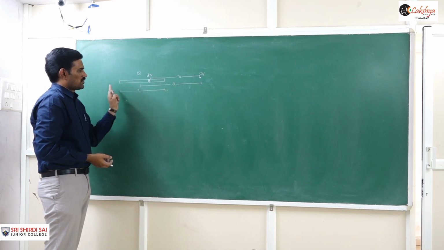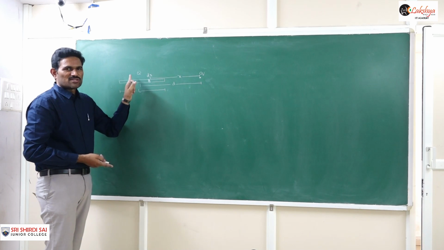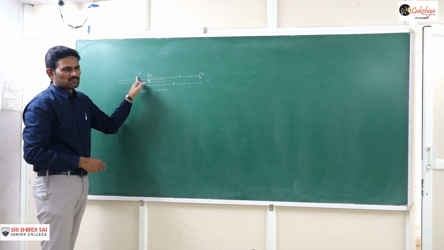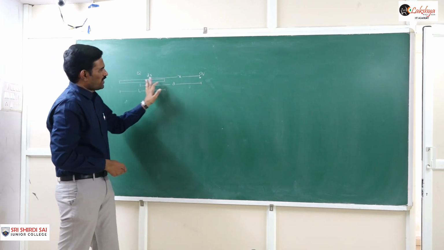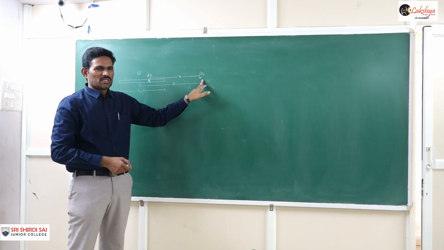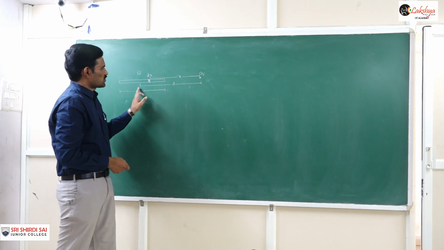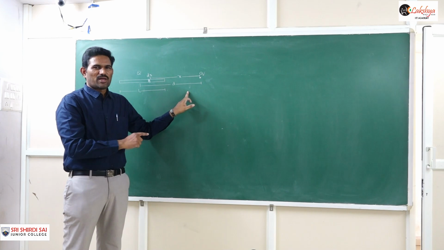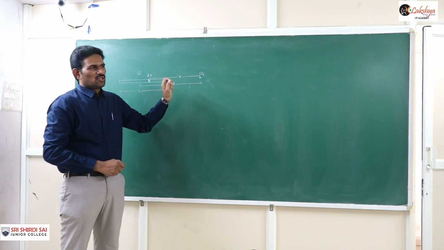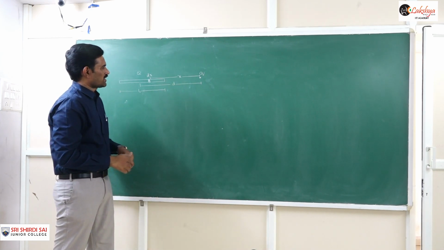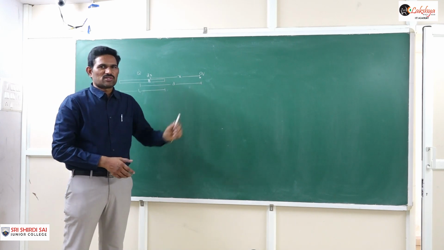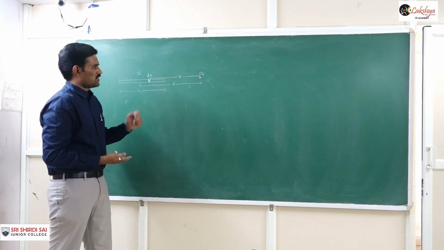On a rod of length L, a charge Q is distributed uniformly. A point charge small q is placed at a distance of d from the center of the rod as shown in figure. Then find the force acting on the rod due to this point charge. So that is our question now.